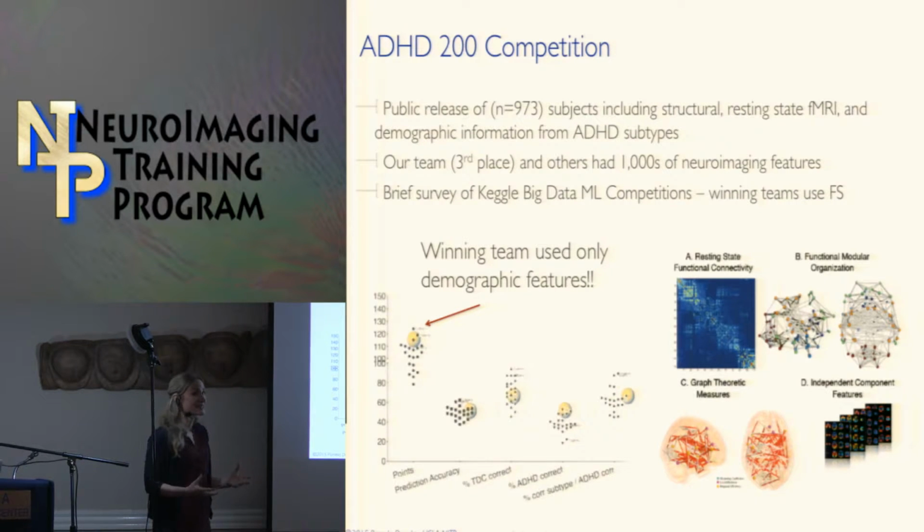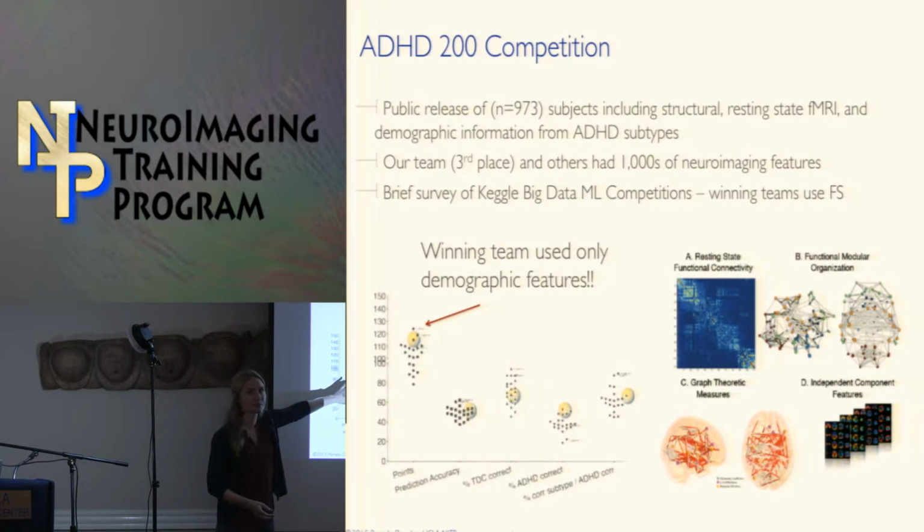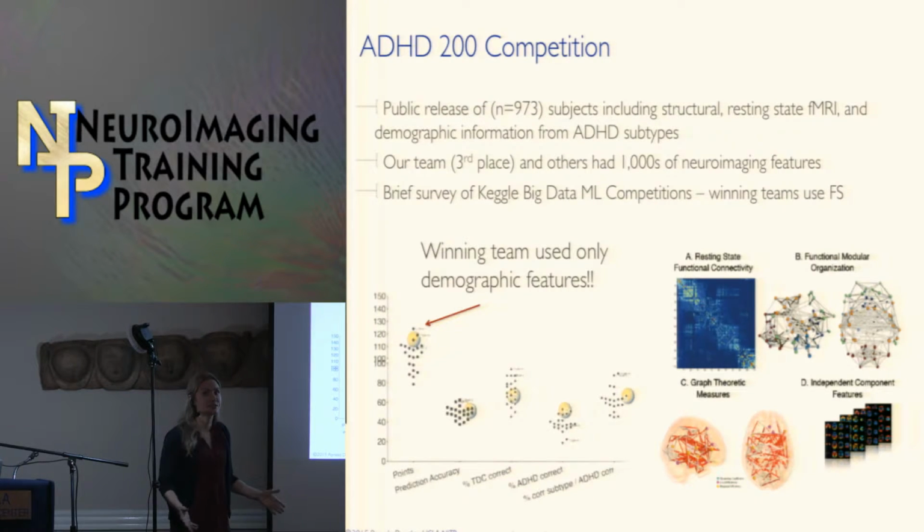So in theory, if your feature selection approach worked really well, if the only thing that was informative was gender and IQ and whether they were diagnosed in Beijing versus New York, then theoretically the feature selection algorithms should have just eliminated all of the brain data and found just those demographic features. But all of the teams that used neuroimaging features performed worse than the team that just used those demographic features.